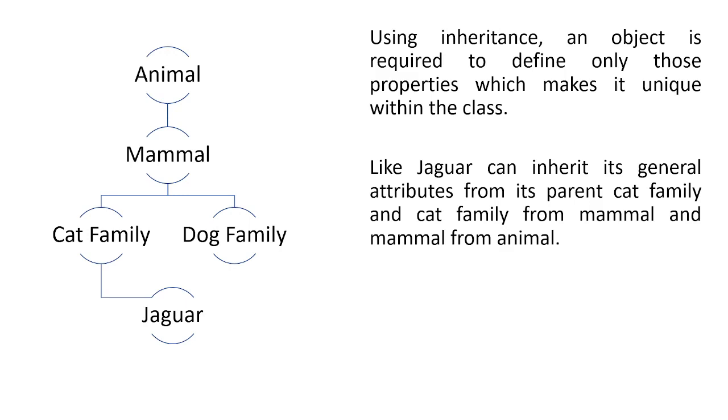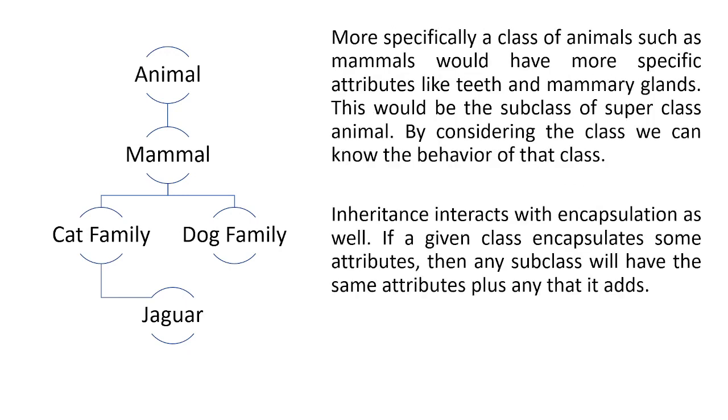We know the properties of jaguar, lion, and tiger, they all come into the cat family. So the jaguar can inherit its general attributes from its parent cat family, the cat family from mammal, and mammal from animal. So the hierarchy is maintained, right?